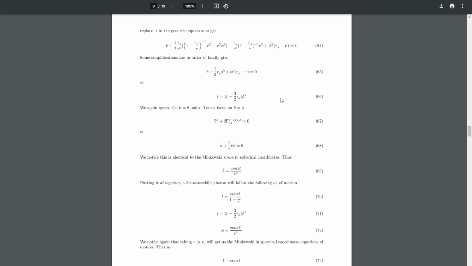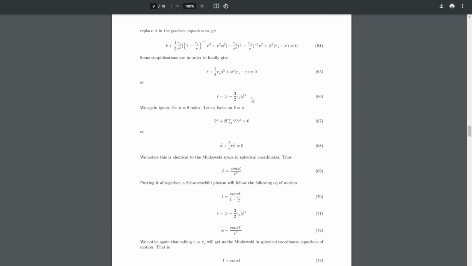which using some further simplifications, we end up with the second equation of motion, which is r double dot equals (r minus 3/2 rs) phi dot squared, where rs stands for the Schwarzschild radius. We will see later that this is actually very similar to, it's actually identical, like I said, if we take r to infinity, we will actually get the spherical coordinate system metric in Minkowski space, and what we end up with is r double dot equals r phi dot squared.